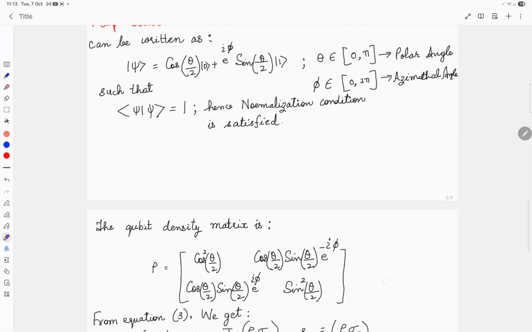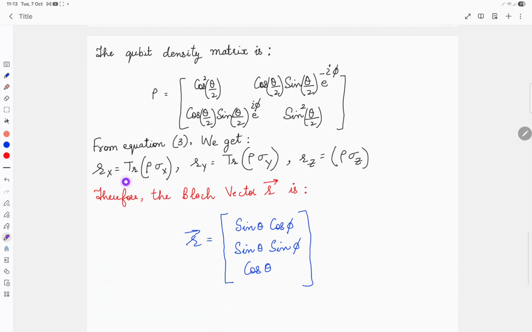Using the expression Rx equal to the trace of rho sigma x, the trace of rho sigma y for Ry, and similarly for Rz, we can get the values of Rx, Ry and Rz. If you do the calculation, you will get the Bloch vector: the x component will be sin theta cos phi, the y component will be sin theta sin phi, and the z component will be cos theta. So this is how we get the Bloch vector.